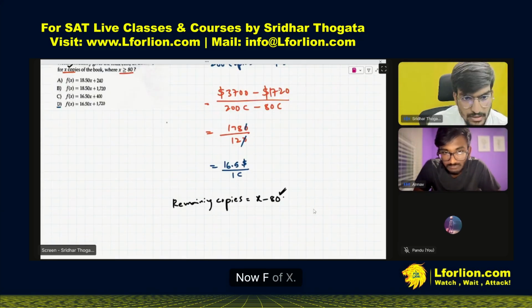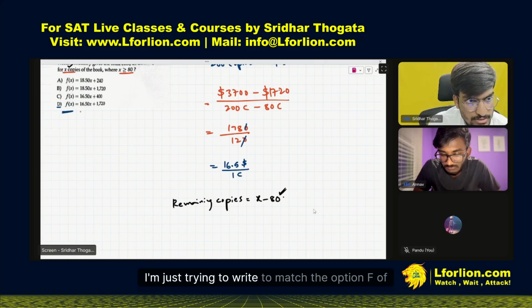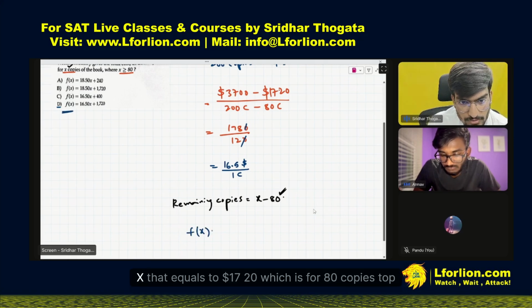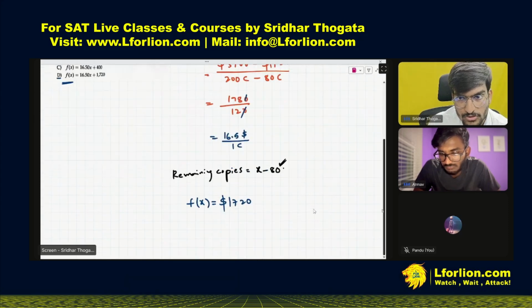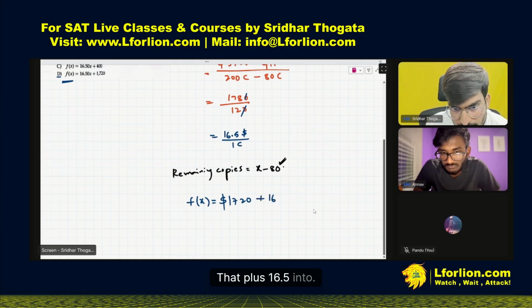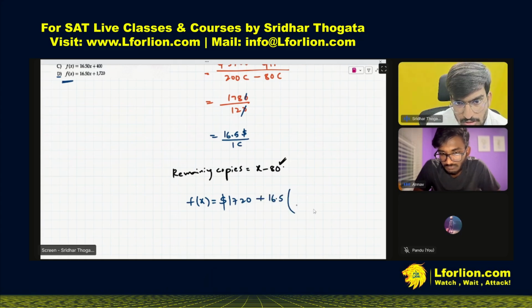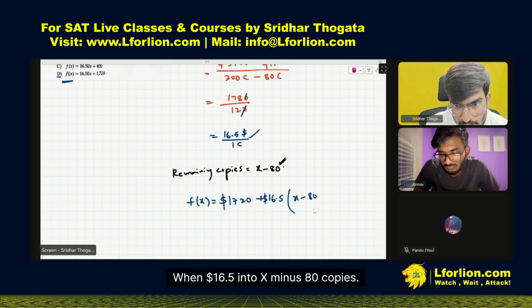Now, f of x, I'm just trying to write to match the option. f of x equals $1720, which is for 80 copies, the first row, plus $16.5 into x minus 80 copies.